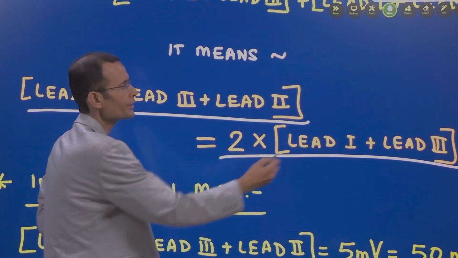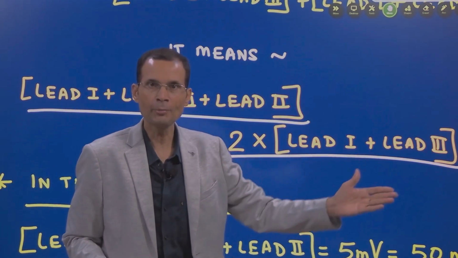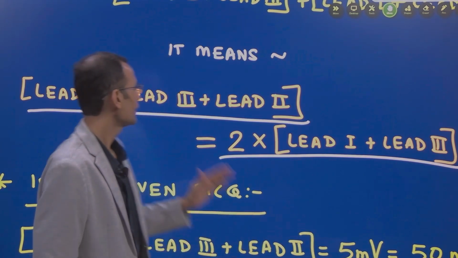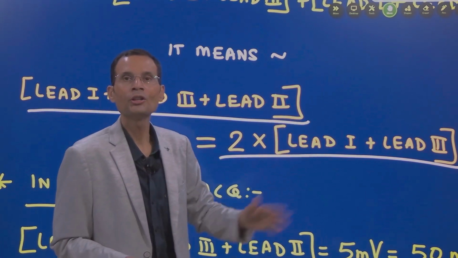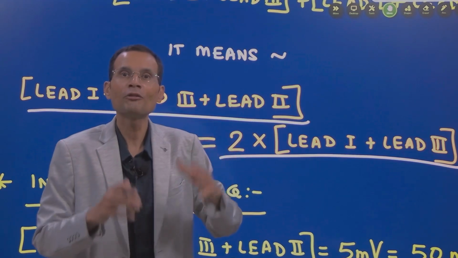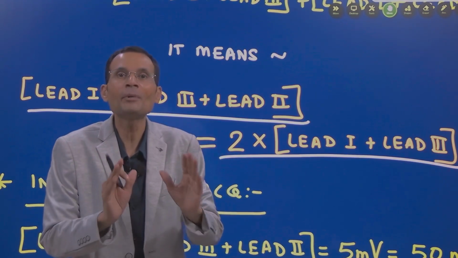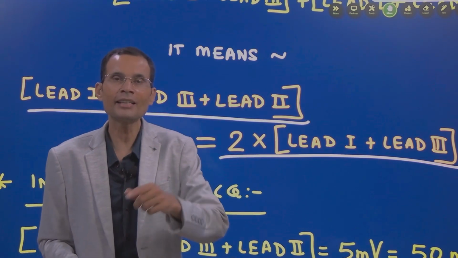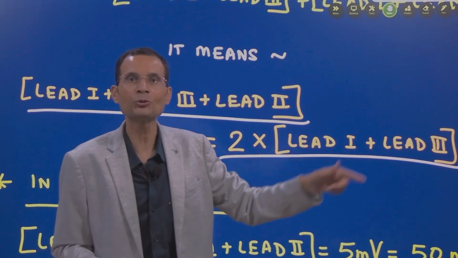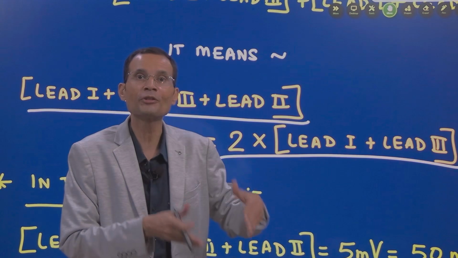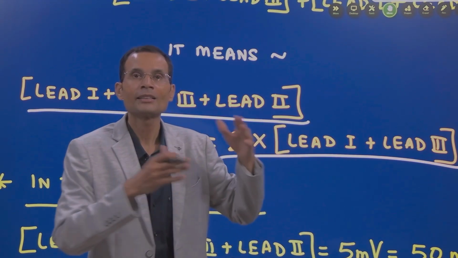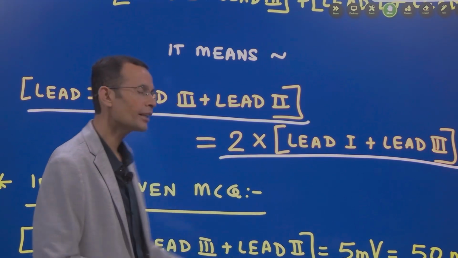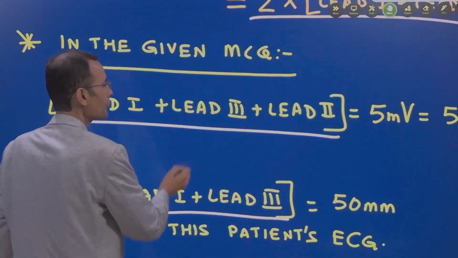So 2 into 1 plus 3, 50 millimeters means 1 plus 3 plus 2, 50 millimeters or 5 millivolts. 50 millimeters same as 5 millivolts, and that is the data given. 1 plus 3 plus 2 is equal to 5 millivolts or 50 millimeters. That's according to the Scott's criteria, left ventricular hypertrophy.